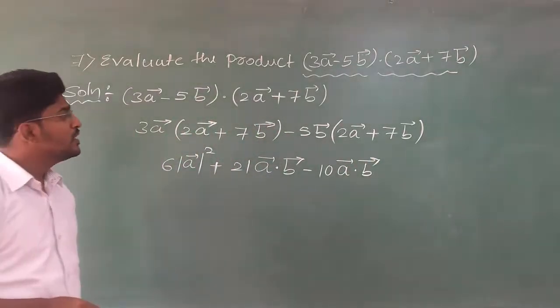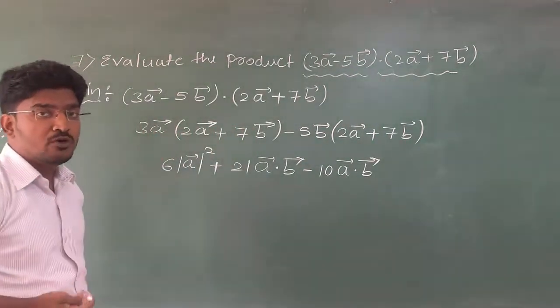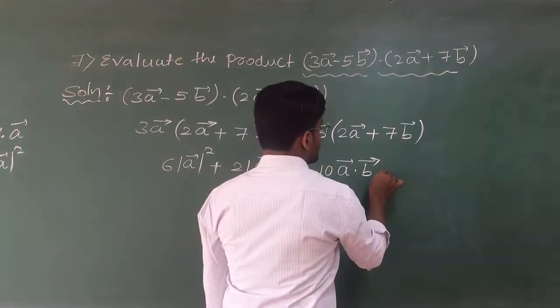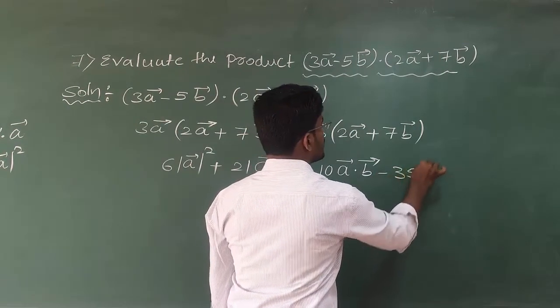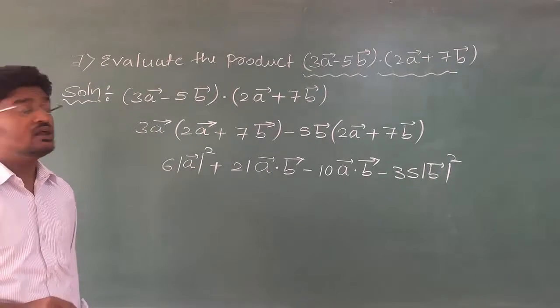Next, B dot B is the magnitude of B squared, so that is 35 times magnitude of vector B squared.